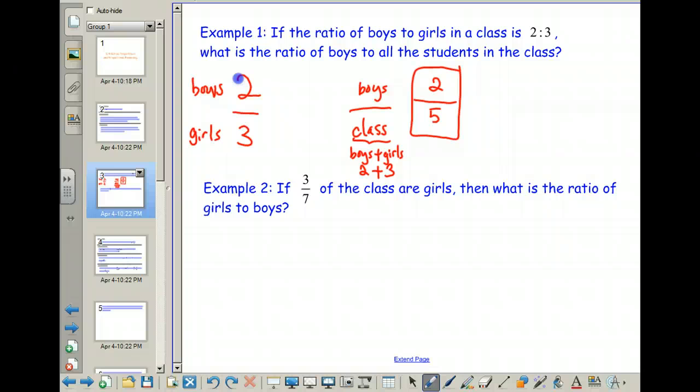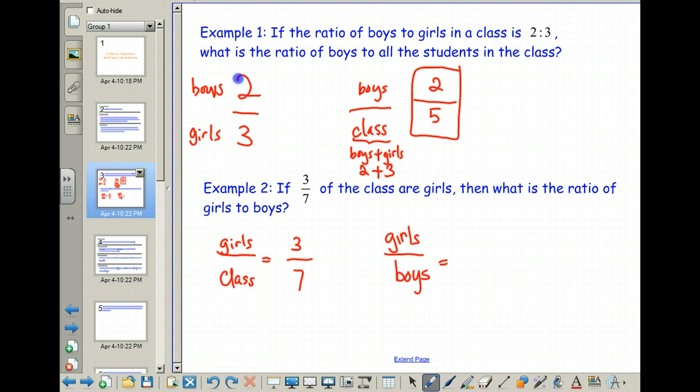Now we're going to do the ratio backwards. Okay, so in this case, on example 2, we're told 3/7 of the class are girls. So in this case, we're actually given that the girls to the whole class is 3 to 7. And we're asked to find what the ratio would be of girls to boys.